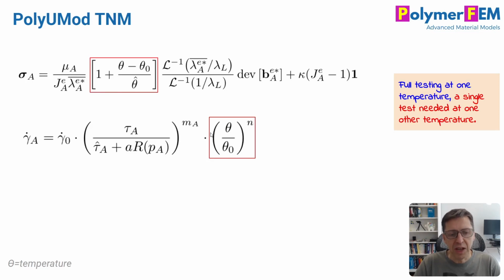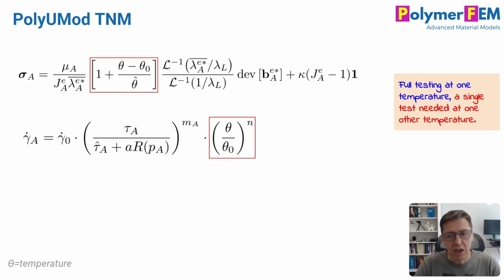Similarly, the temperature dependence of the viscoplastic flow of the three-network model has this equation here, where the lowercase n is the power exponent that controls how the yield stress depends on the temperature. What's cool about this is that they're very simple equations, and that has the benefit that you can actually find these parameters for your specific material using a single experiment that was performed at a different temperature than the main set of equations for the calibration.